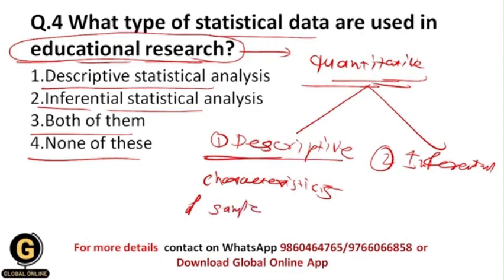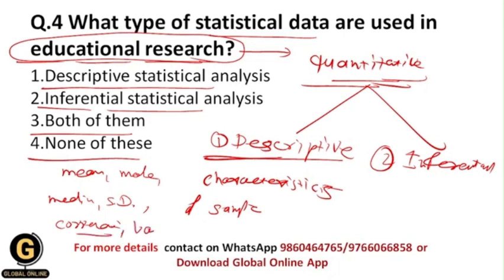Descriptive statistical analysis includes mean, mode, median, standard deviation, then correlation. And there are other dispersion techniques, for example variance.